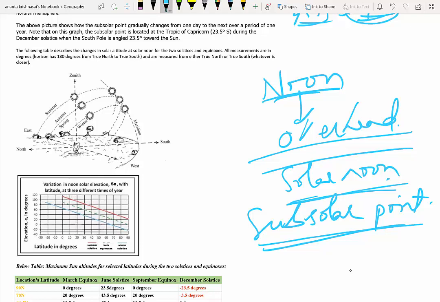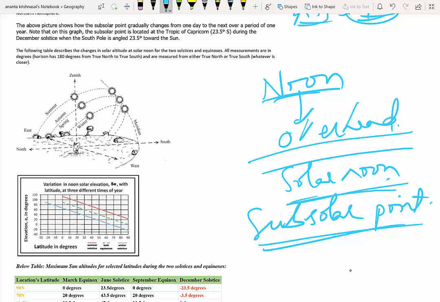Why? We find that on these two days of the two equinoxes, the equator is clearly lined up with what? The ecliptic plane, and the poles are also in line with what? The circle of illumination, which divides day and night into two equal halves.